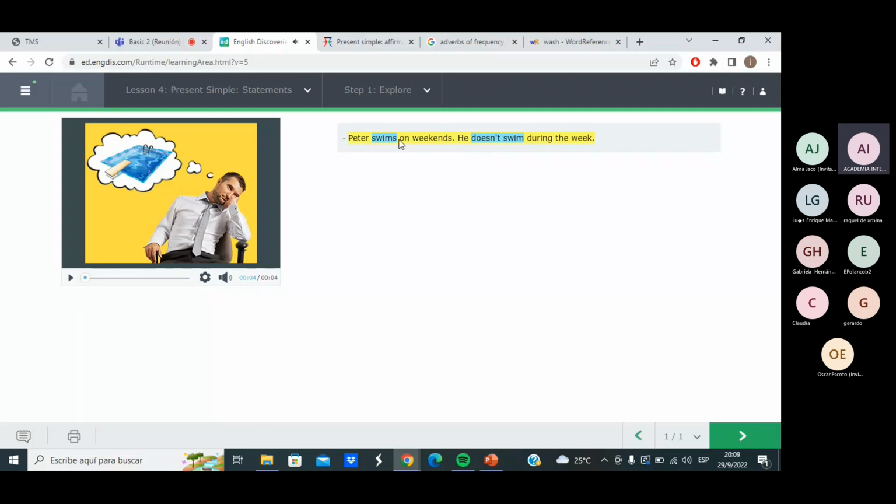Okay, Peter swims. Letter S in the verb, because I'm talking about him. Peter swims on weekends. He doesn't swim during the week. We don't use the letter S in the main verb because we are using the auxiliary verb in this sentence, right?